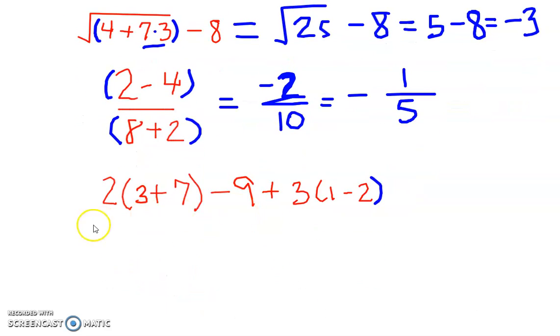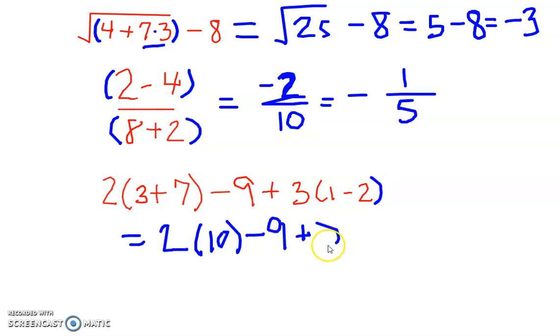Okay, the last one. Parentheses first, so let's just work our way across and do our parentheses. 3 plus 7 is 10. I can't do the minus 9 yet, so I'm just going to copy that down. And then plus 3 times 1 minus 2, that's in parentheses, so I need to calculate that, and I get negative 1.